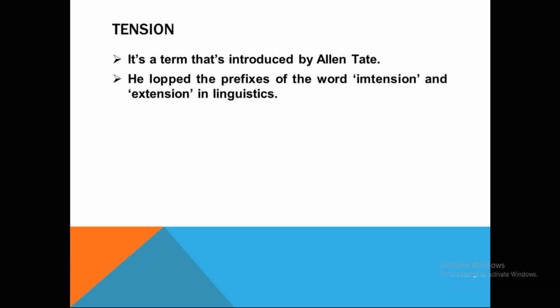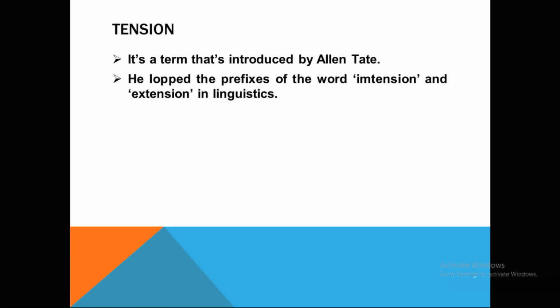Now, what is extension and intention in linguistics? It's not the extension that means an extended thing. Certain terminologies might differ in different kinds of academia, but here in linguistics, intention is actually the abstract idea of a particular word. I'll just give you a small example.